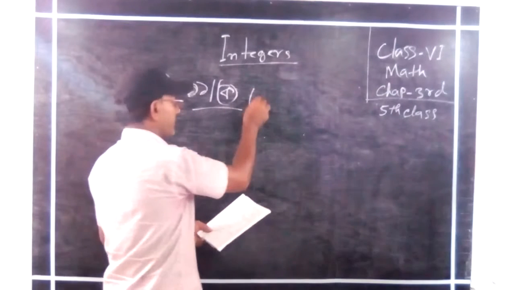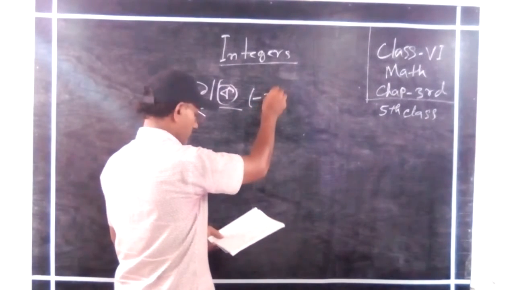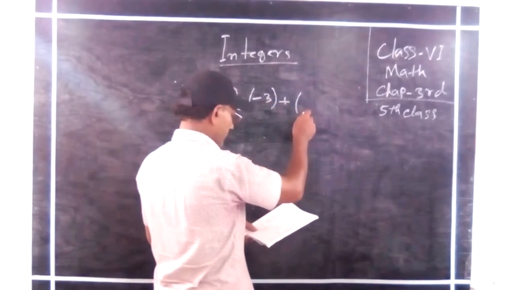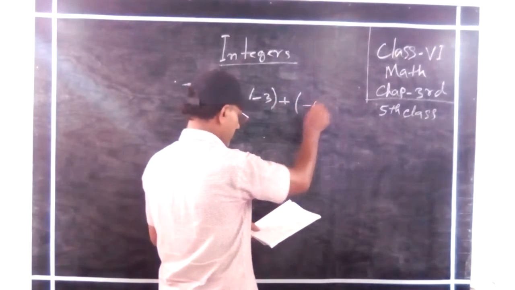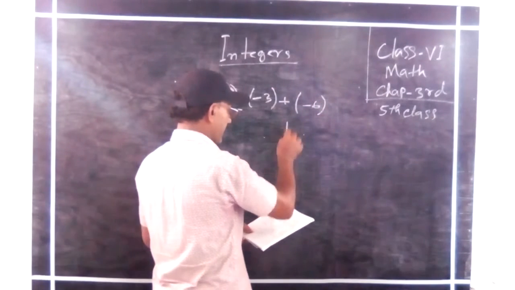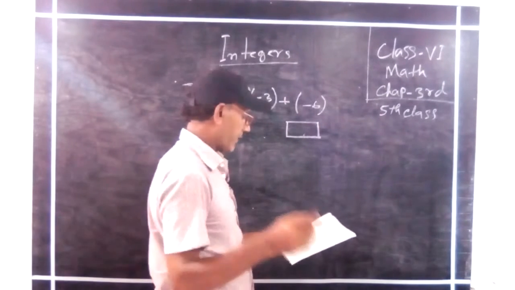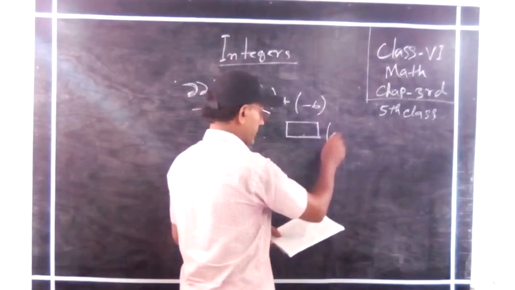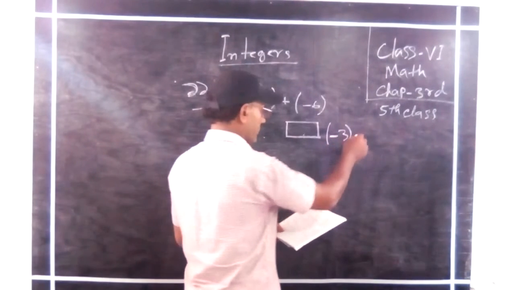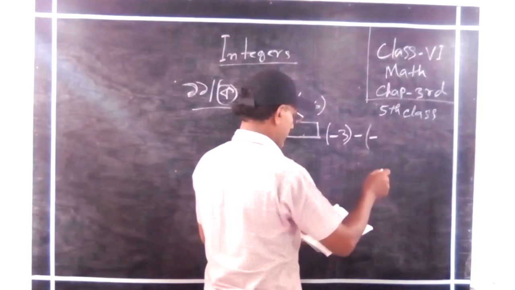Here is opening first bracket minus 3 bracket close, plus first bracket starting minus 6 first bracket close. There is a blank cell or empty cell. Next, opening first bracket minus 3 first bracket close, minus opening first bracket minus 6.